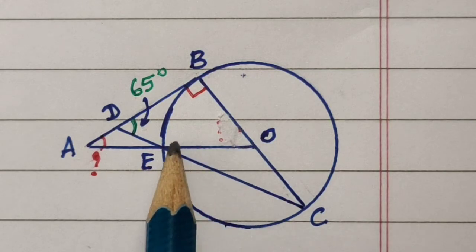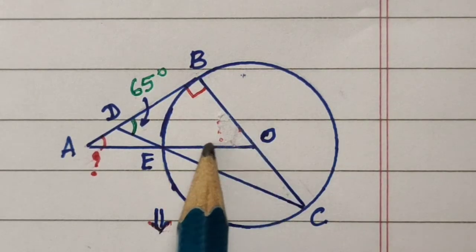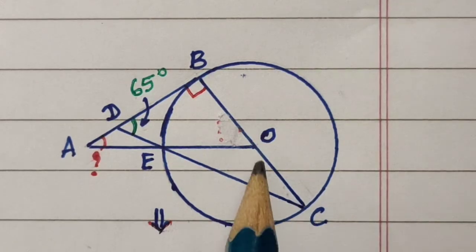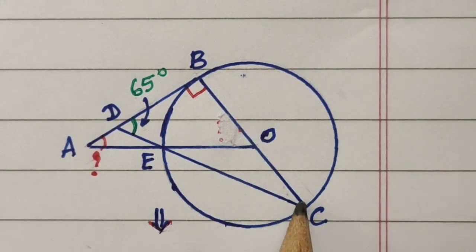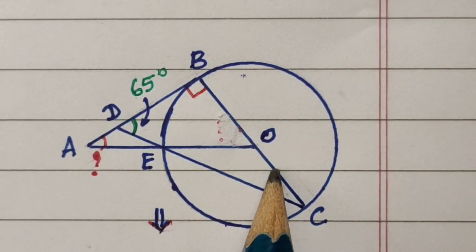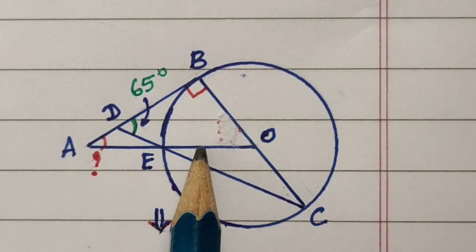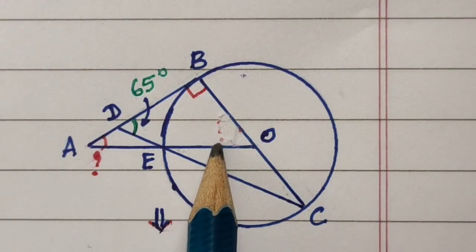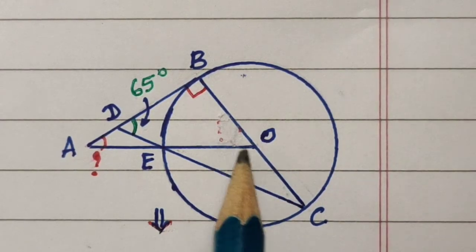One more triangle here. This is a small triangle. In this, because this is a radius and this is a radius, the two sides of the triangle are equal. Opposite angles of equal sides are equal, so these two angles are equal.